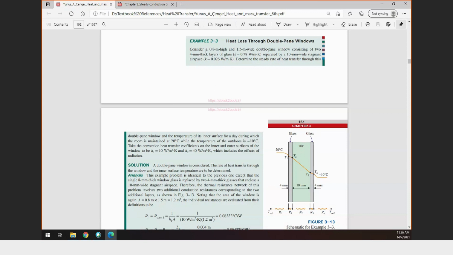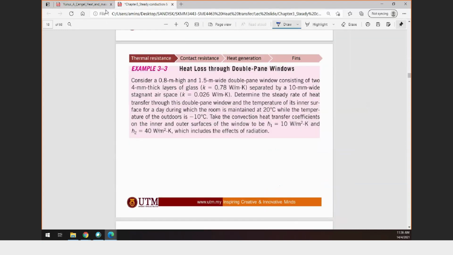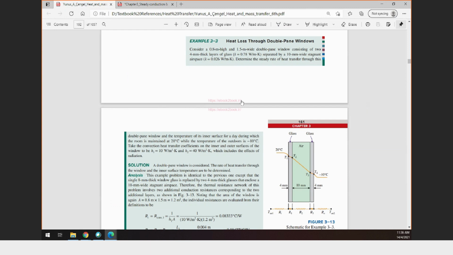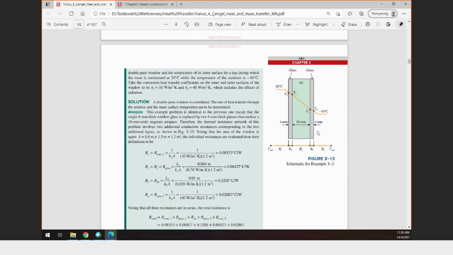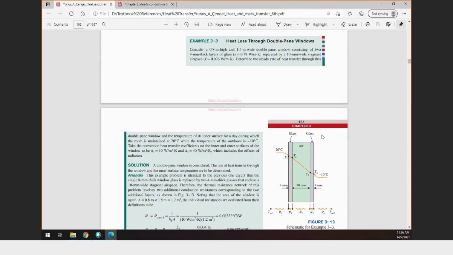So consider a window 0.8 meter high and 1.5 meter wide. Can you see my slide? This is the figure of the double pane window.